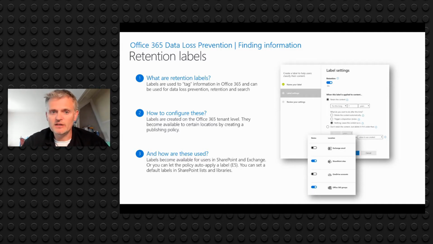You can even set a default label in SharePoint document libraries. So those are the options you have. Please do take note that if you want to use a data loss prevention policy in Exchange or in Teams, you cannot use the retention labels, unfortunately. So the retention labels are really part of DLP rules for SharePoint and OneDrive, for example.